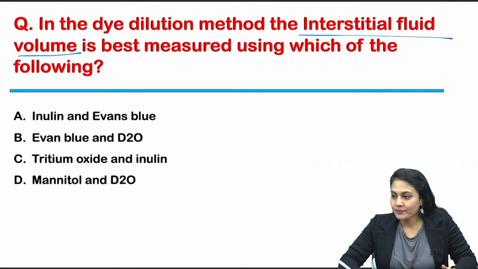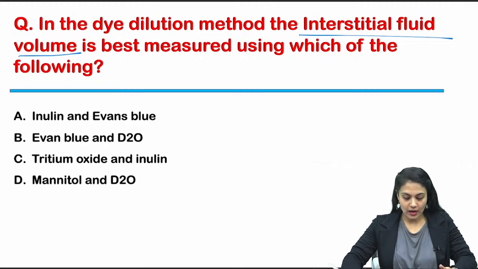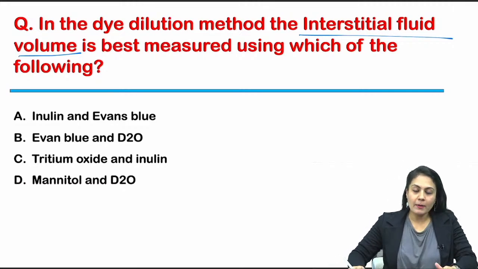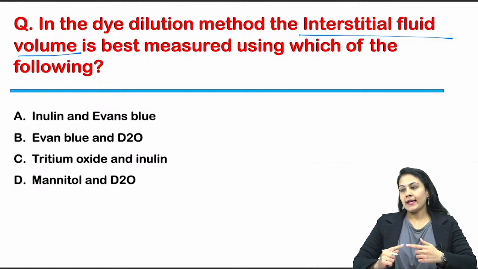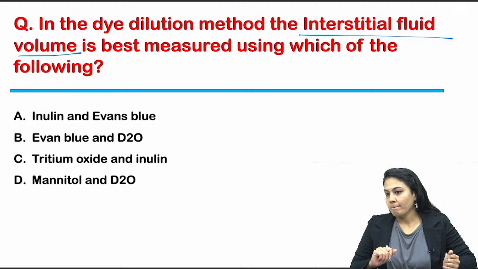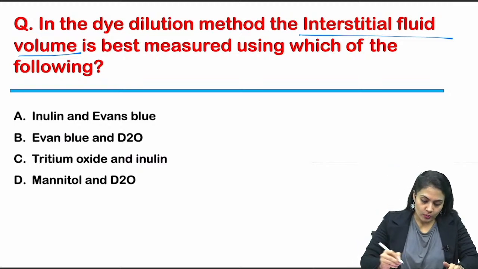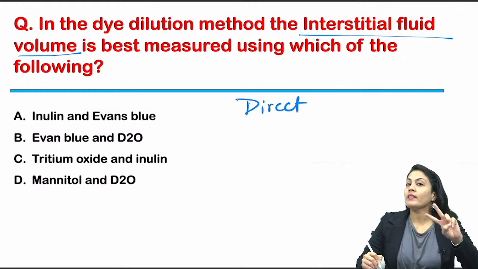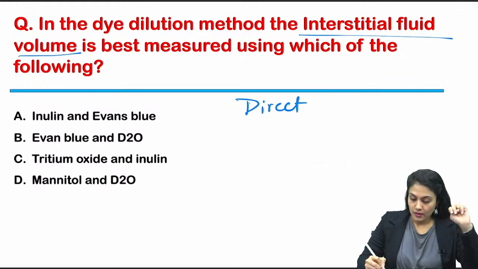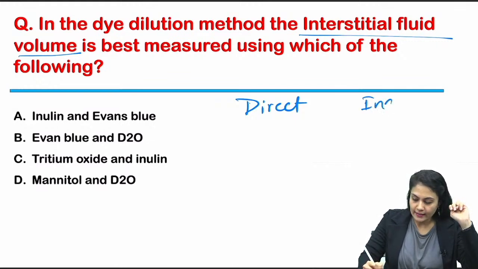Answers, please. Okay, Dr. Rao saying C. Please remember interstitial fluid. There is a lag, I guess, in the answers. Guys, interstitial fluid. Just remember for now, there are two methods in the dye dilution method, direct and indirect.